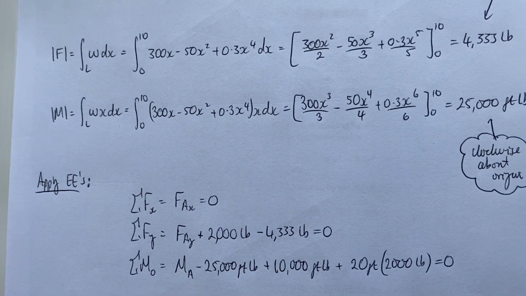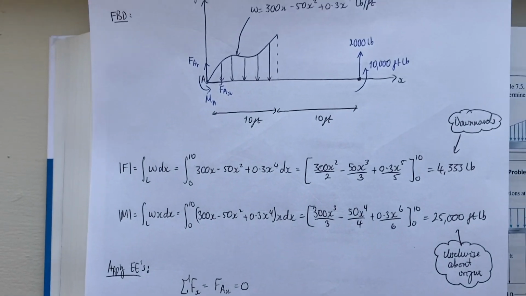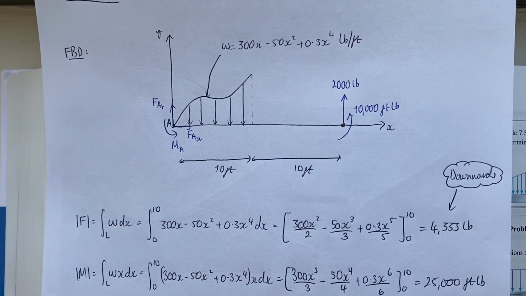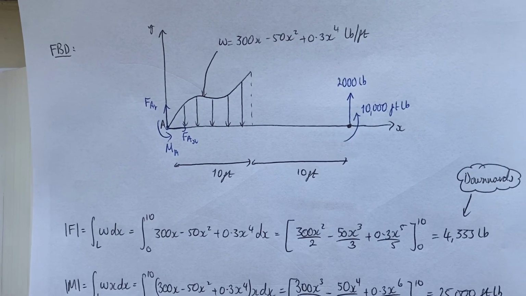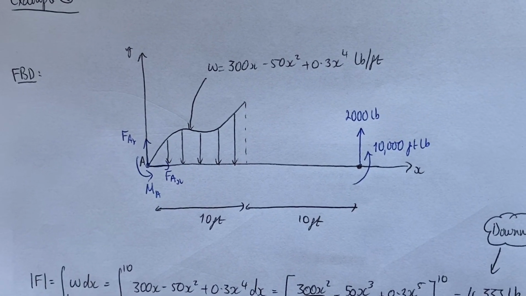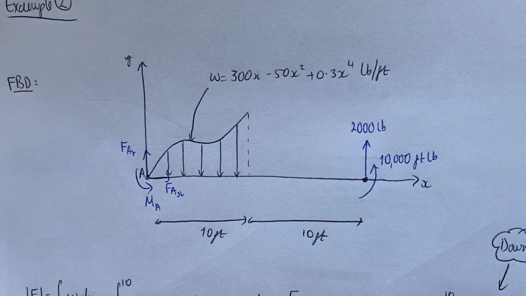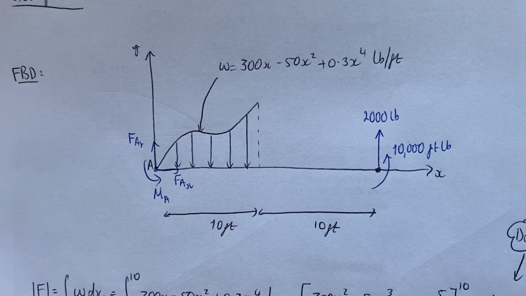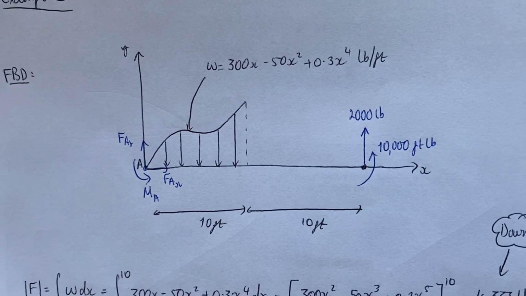And then summing moments about the origin, which is also the point A, I will have the moment at A, MA, due to the fixed support, right?